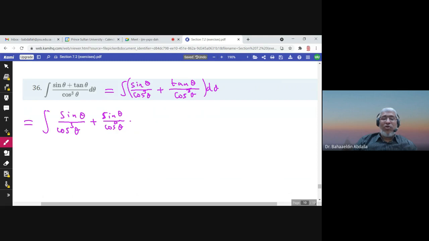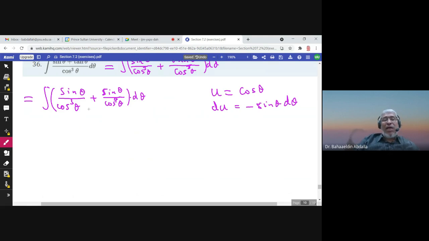So this would be cosine 4. Oh, you just choose u as cosine. If I take u as cosine, what would be du? The derivative of cosine, which is negative sine theta d theta.